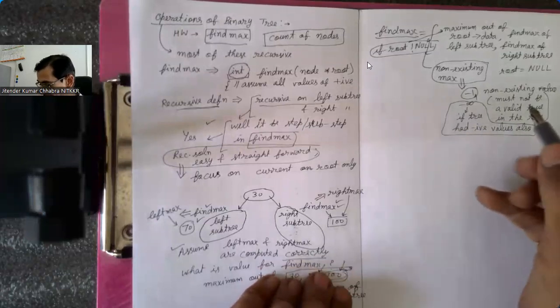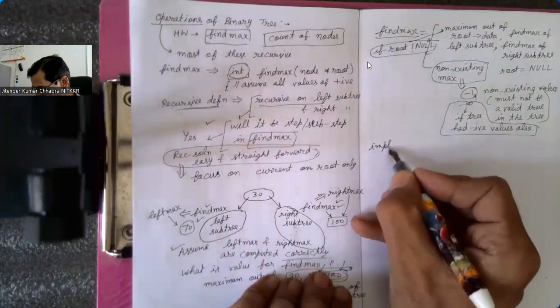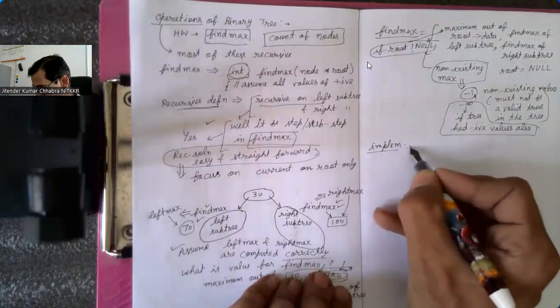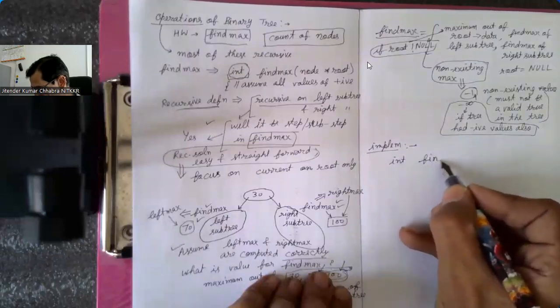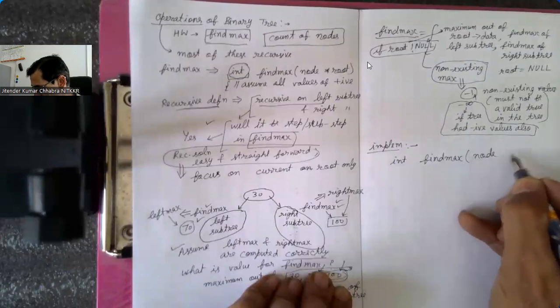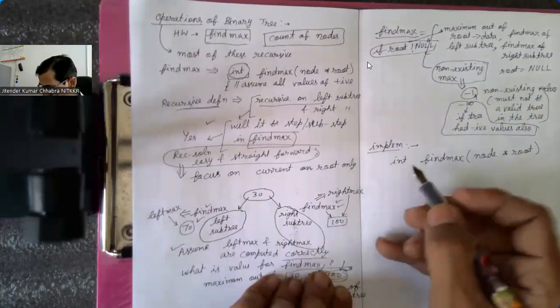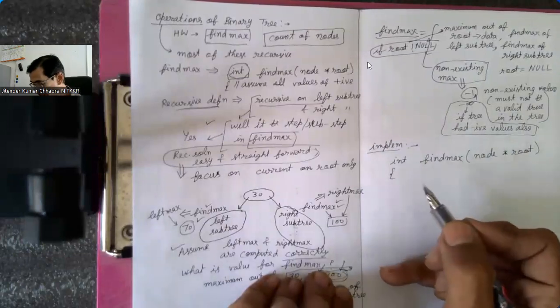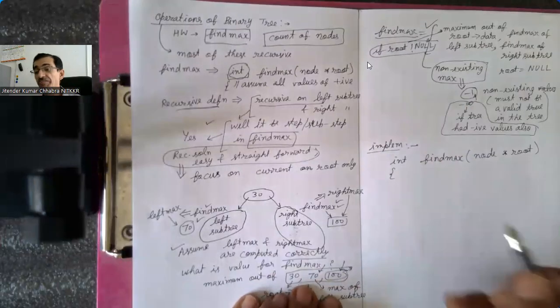Now, that straight away becomes the implementation. Implementation now will be very easy. You can easily say int find max, node star root. So the first assumption is that if the tree was not null, if a tree had some useful data, try to find the recursive definition.